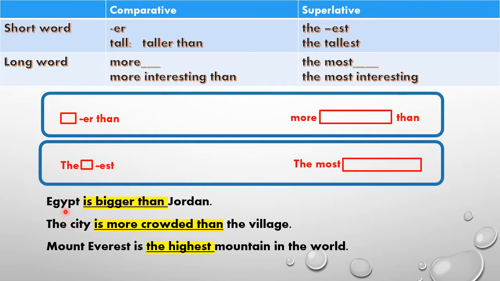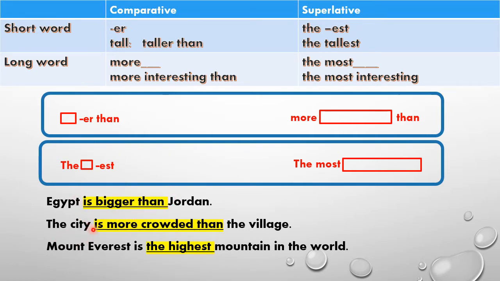Look at these examples. Egypt is bigger than Jordan. Here I compare two things, Egypt to Jordan. So this is comparative. I look at the word big. Big is a short word, so I apply this rule. I put big here, it becomes bigger than, because it's a short word.